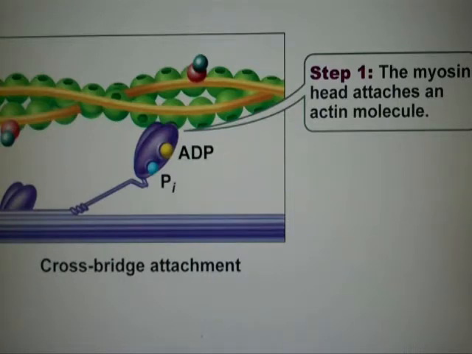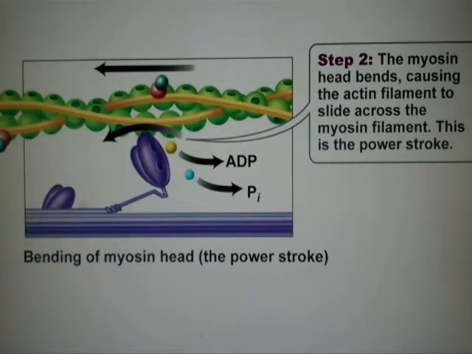Now it's going to expend some energy. See that right there, where it expends the ATP, turning it into ADP. That energy molecule gets broken down. The myosin head bends. We call that the power stroke. The actin slides in toward the middle of the sarcomere.